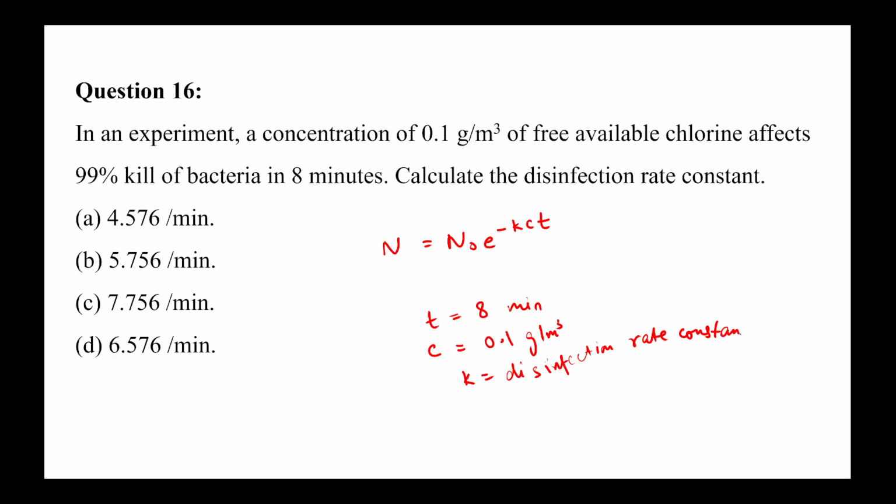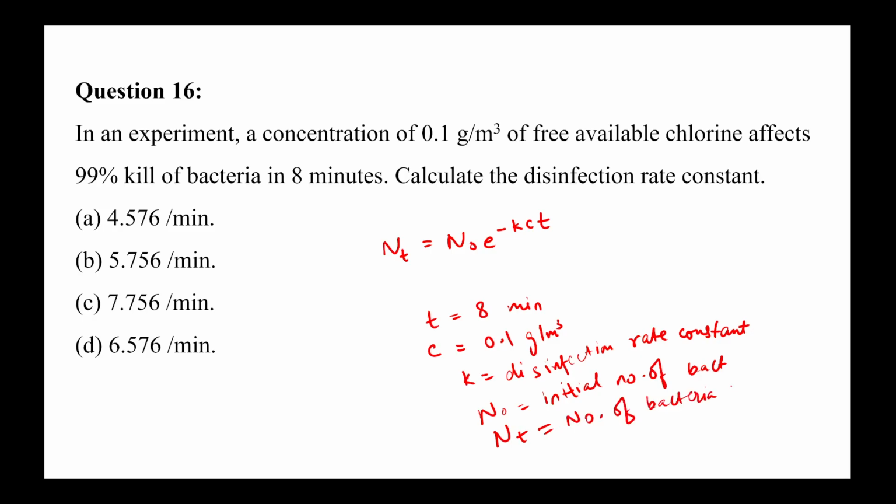Then N0 is the initial number of bacteria, and NT is the number of bacteria at time T.